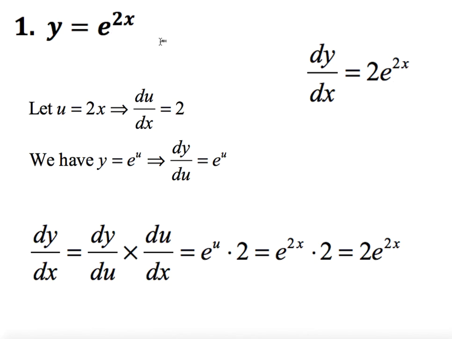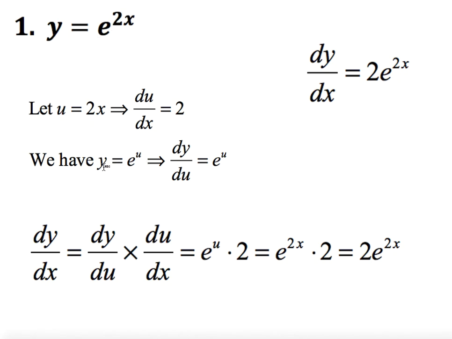Well, that's too simplistic a view, because if you pull this apart and actually say, okay, the controlling feature of the problem is the 2x up in the exponent here, let's let u be equal to 2x. So right away we can get that du dx is 2, and then by virtue of choosing this to be u, then y is equal to e to the u.